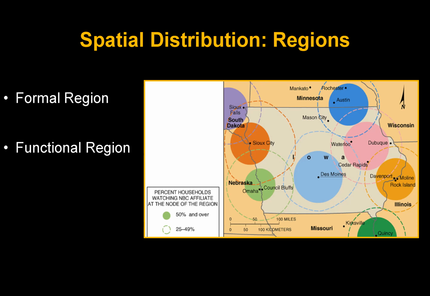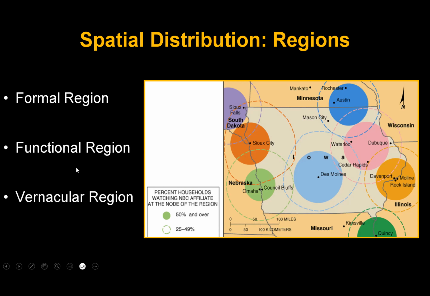If you're from LA, the southern part of California, you probably go to LAX. If you're in the north, you'll probably go to SFO. If you lived in Monterey, you're probably going to SFO. If you're in Santa Barbara, you're probably going to LAX. And so that's this kind of boundary. As you move across, there's a distance decay in where you're going to go. And we're right in the middle of two functional regions.